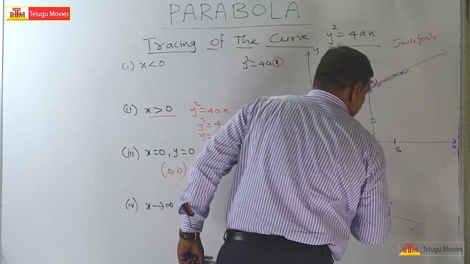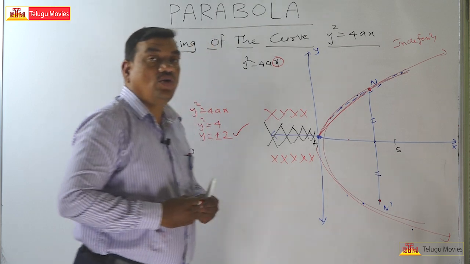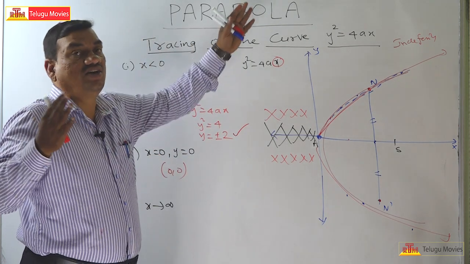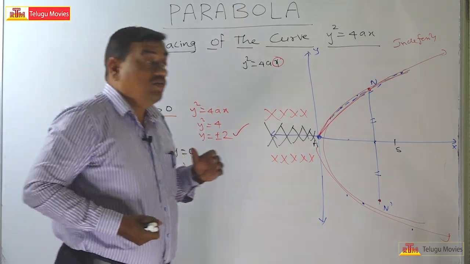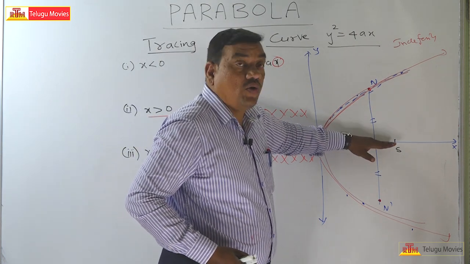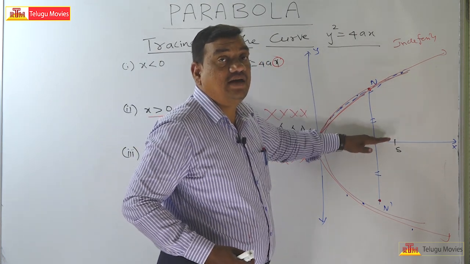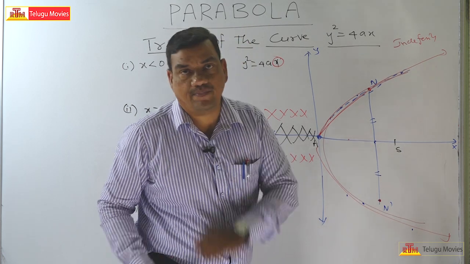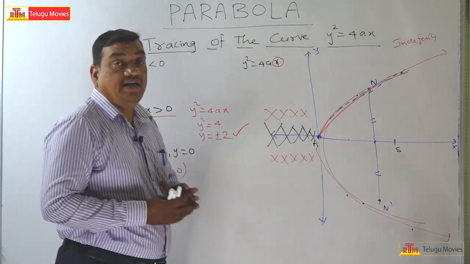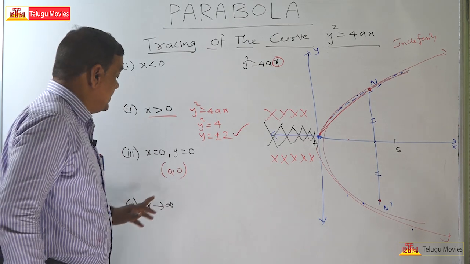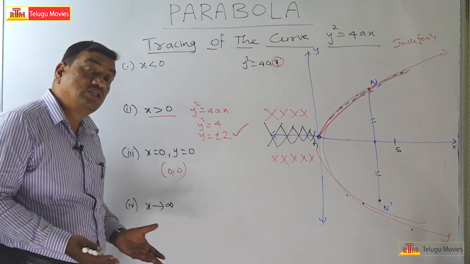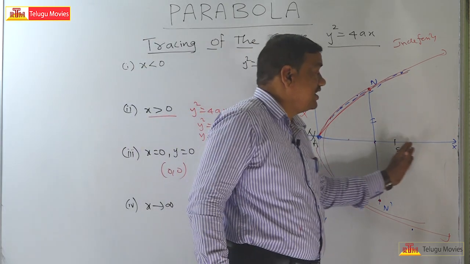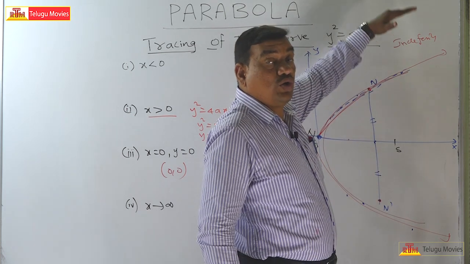Whatever may be the shape of the curve, above the x-axis and below the x-axis, both are the same. We can say that as x tends to infinity, y also tends to infinity. That means if x goes on increasing, y will also go on increasing.